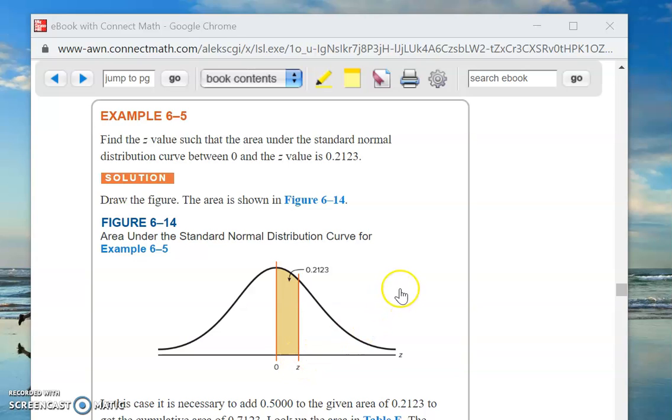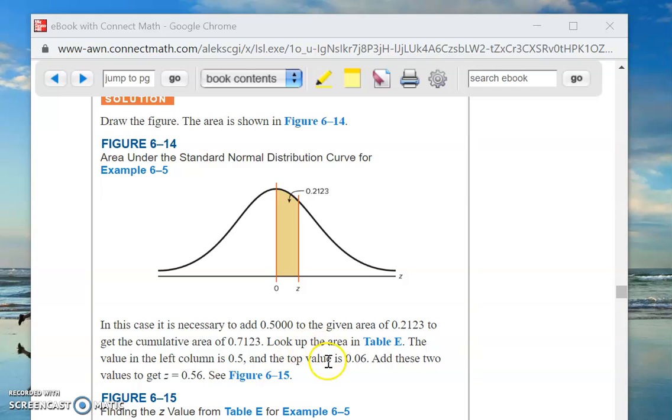We want that to be 0.2123. Well, we need to find the z value that has to the left of it not 0.2123, but 0.5 added to 0.2123. That's what he's saying right here. We need to add the 0.5 to the given area to get this cumulative area of 0.7123.